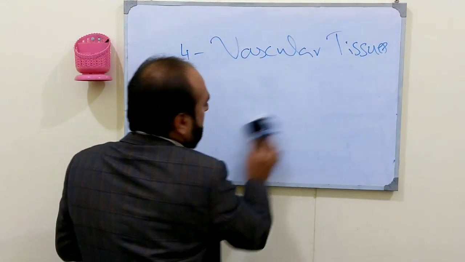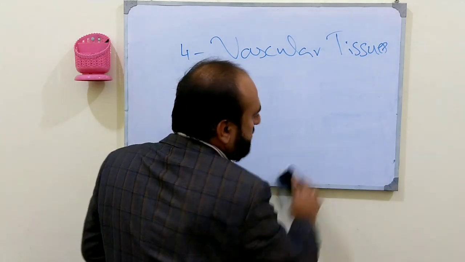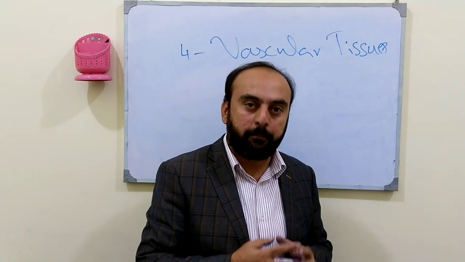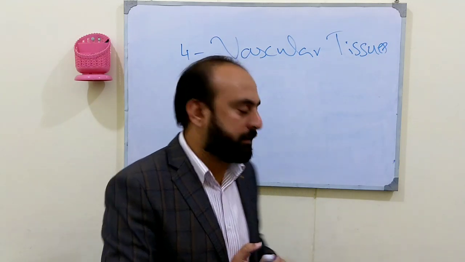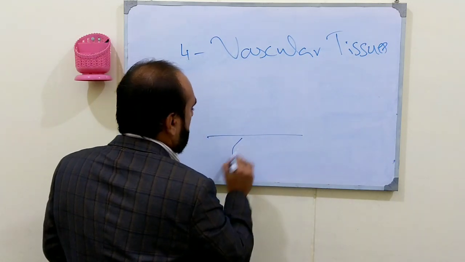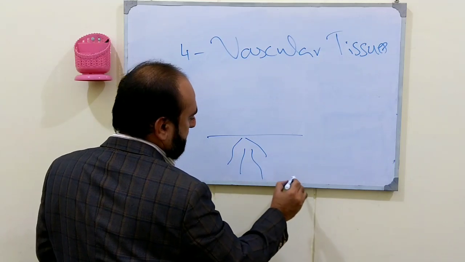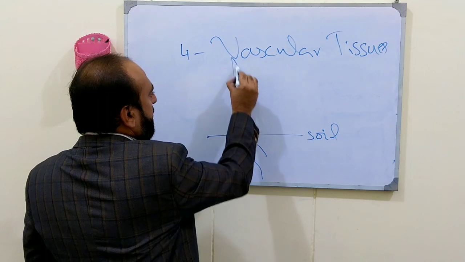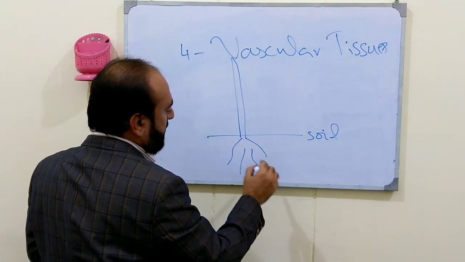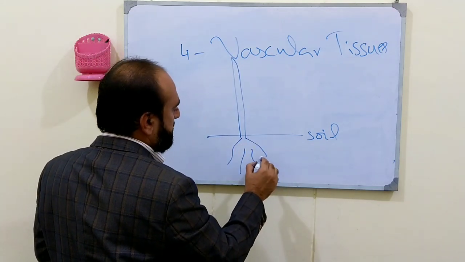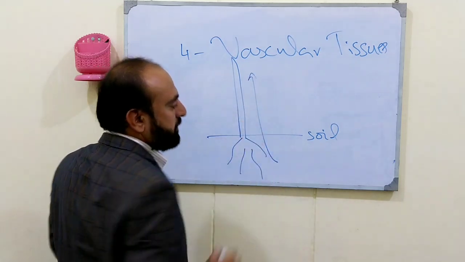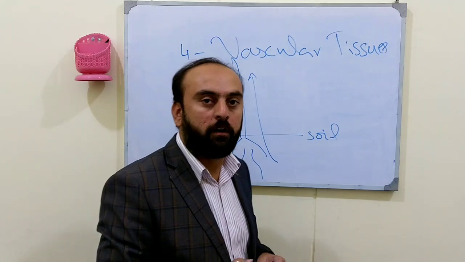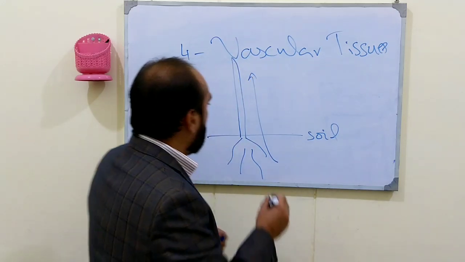The main difference between xylem and phloem is that xylem transports water and minerals in one direction. So it takes up water and minerals from soil. So it moves water and minerals from root system to shoot system. So this is unidirectional movement or one-way movement.